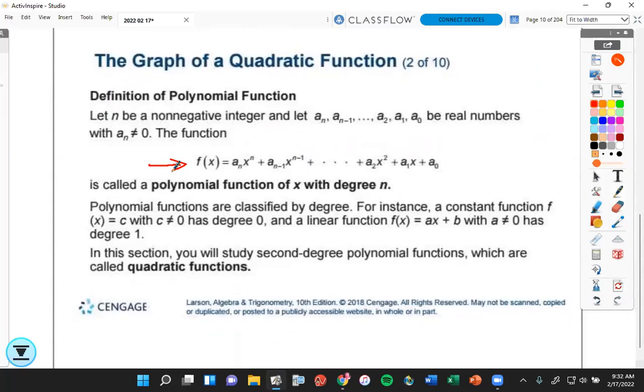Plus some other coefficient times x to the one lower power, one lower power, one lower power, until we get to our constant. Remember that when it's in general form, the highest exponent is first, right? The coefficient in front of the first term is called the leading coefficient. And the highest degree, or the highest exponent, is going to be called the degree of the polynomial.